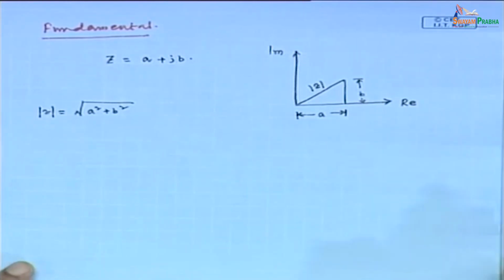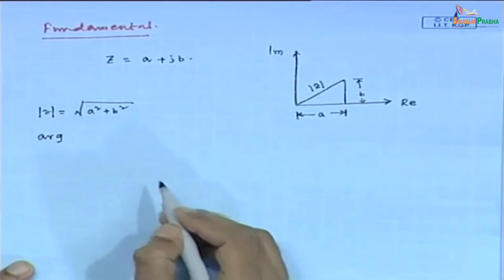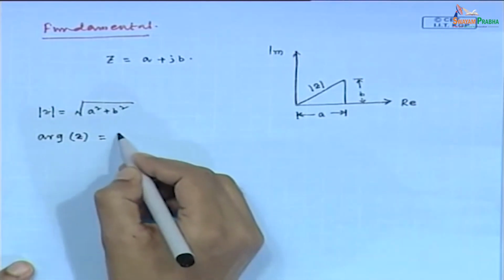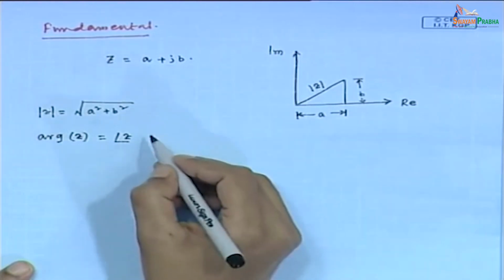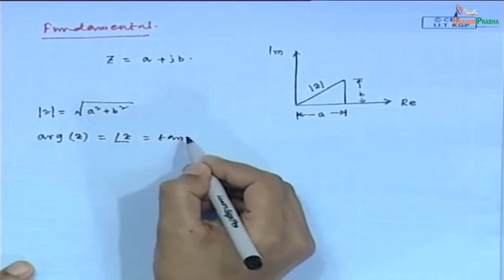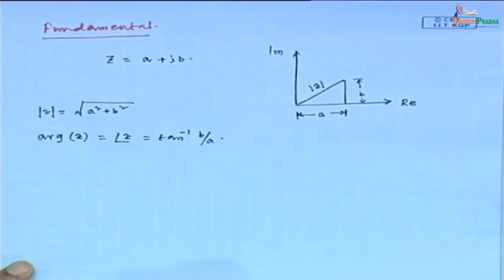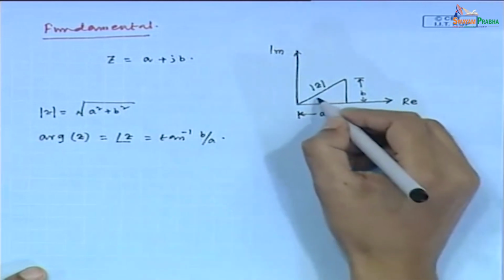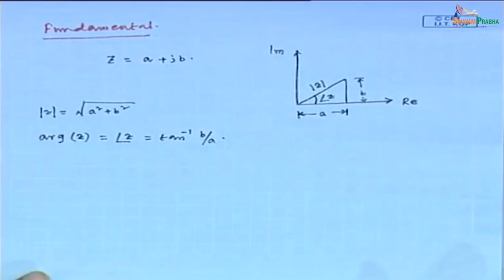Fine. And argument of Z can be determined using this form. I mean, argument Z equals tan inverse B by A. Fine. This is the argument Z.